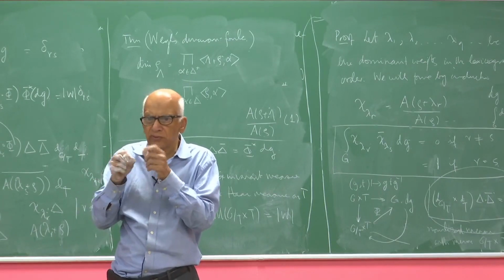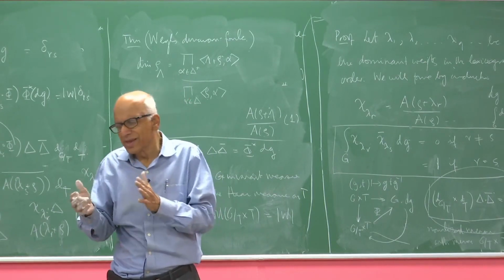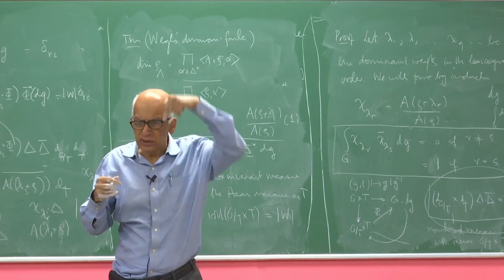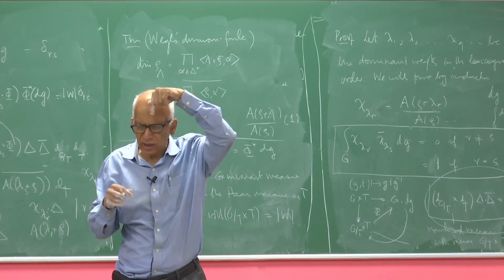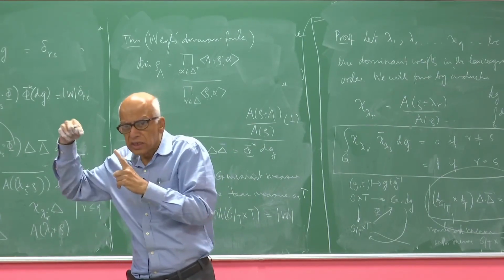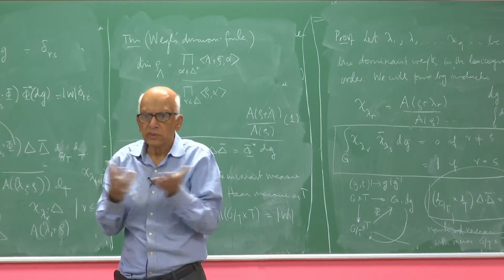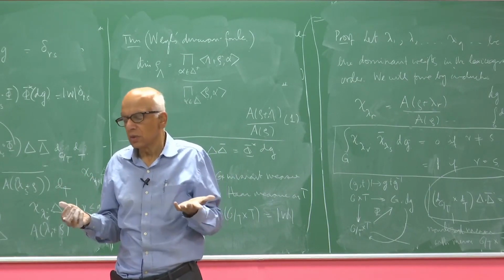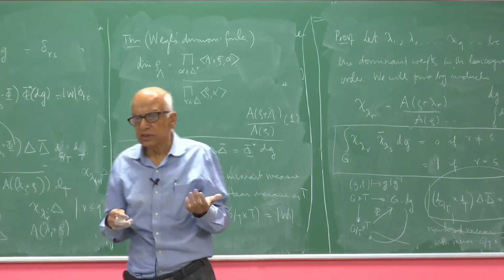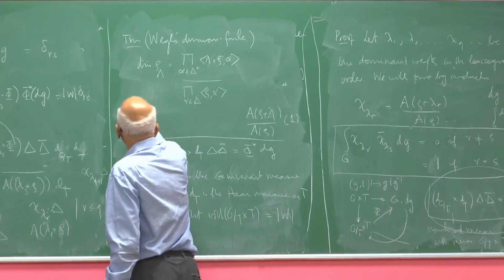For each alpha, there is also a one dimensional thing coming up by dualizing.